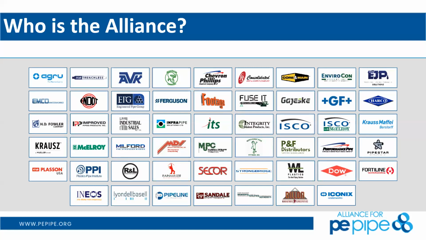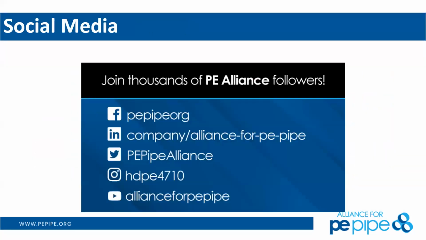We have people that manufacture the pipe and fittings, people that distribute them, contractors that install them, consultants, all sorts of different people involved in the overall municipal HDPE project. A lot of different people provide great technical information to support you and your municipal project as you move forward.